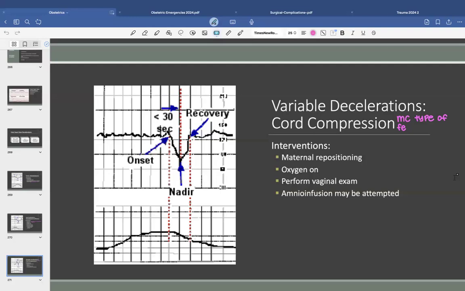Sometimes they have to actually go in and try to loosen the cord if they can feel it, or they may have to move things around or quickly deliver the baby. Decreased amniotic fluid during pregnancy is associated with more frequent variable decelerations. The amniotic fluid plays a protective role for the umbilical cord. So if you have less of that, you may have issues with the umbilical cord.